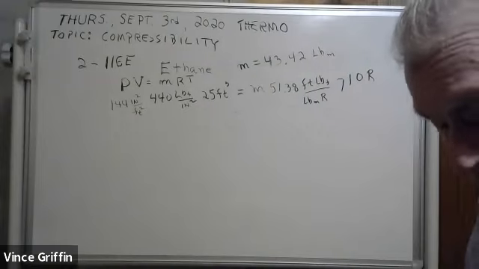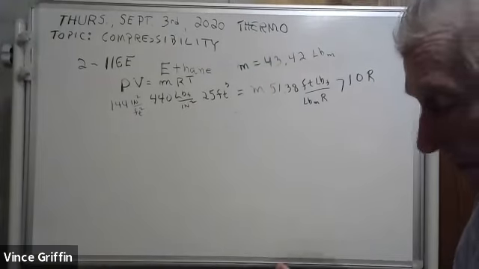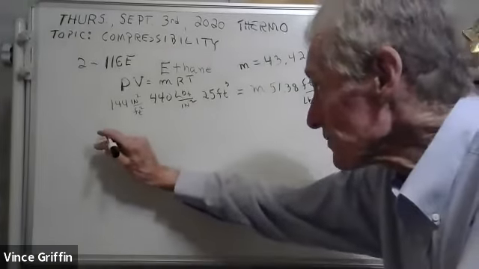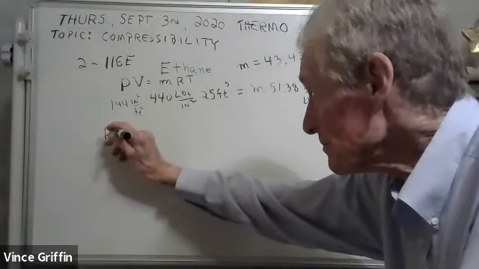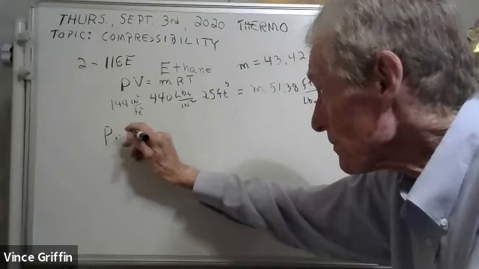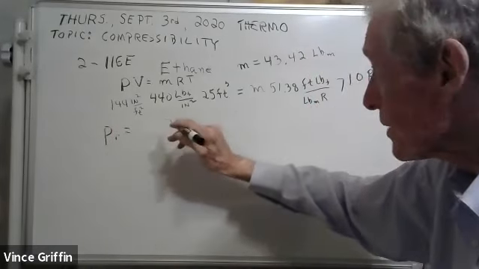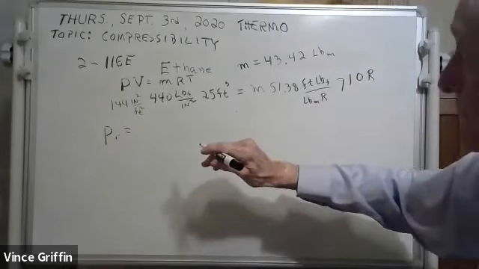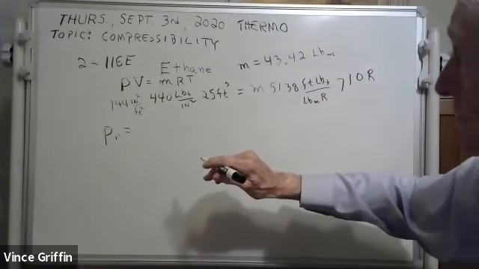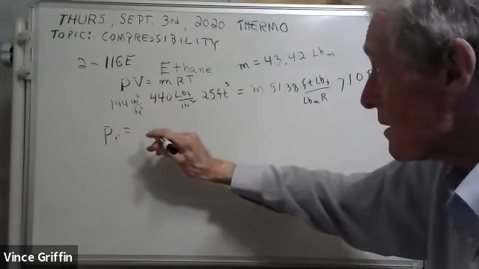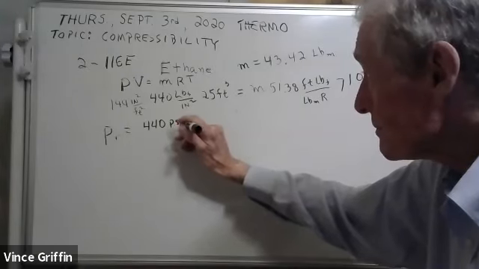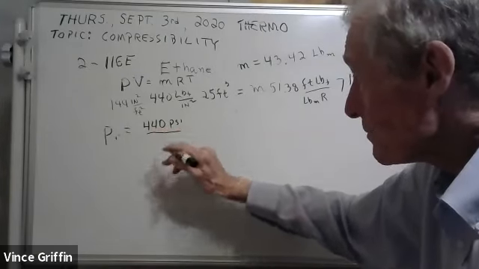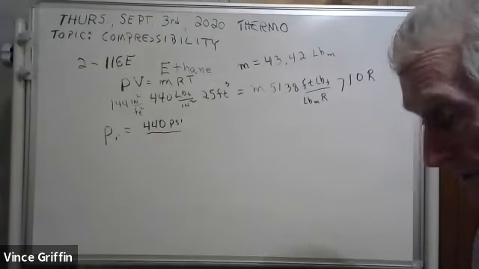But to use compressibility, you have to find the reduced pressure, which is your pressure, 440 psi, divided by the critical pressure.